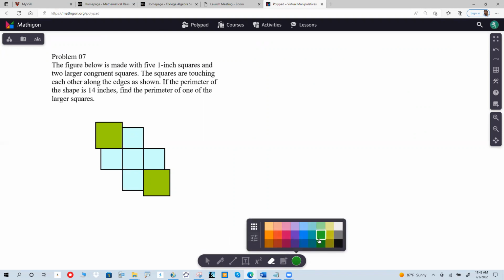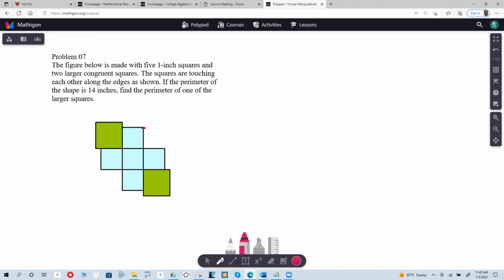So this plus this little piece, plus this, plus this, plus this, plus this, is the perimeter of the green square. Same thing, this, plus this, plus this, plus this, plus this, plus this, is also the perimeter of the other green square, right?